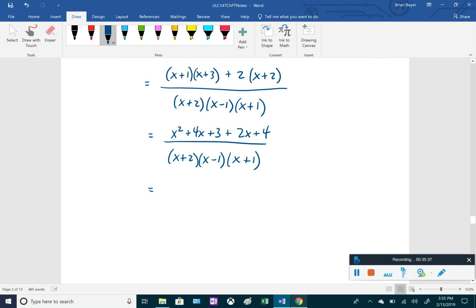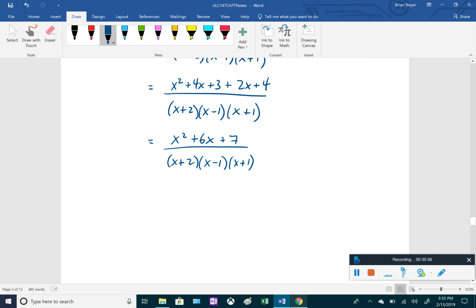Okay, the numerator is going to become x squared, plus 4x plus 2x is 6x, and 3 plus 4 is 7. And I don't believe that we can factor that numerator.